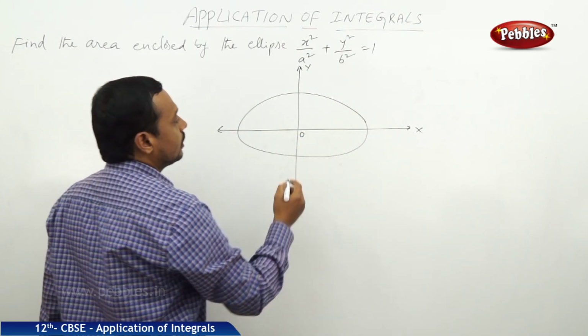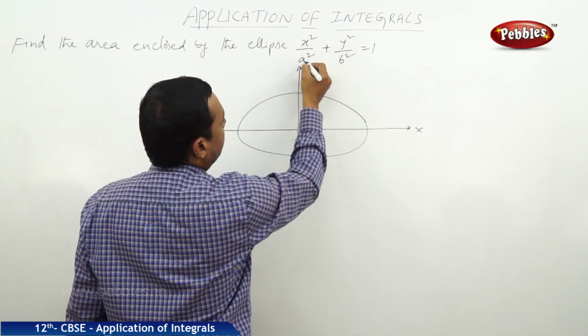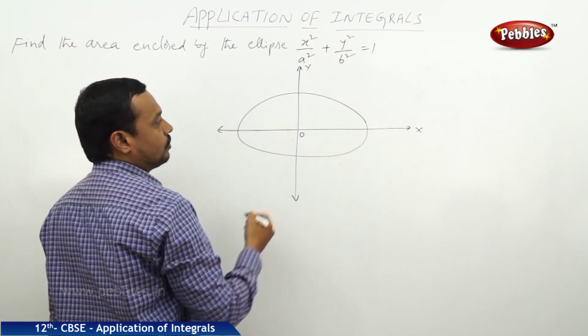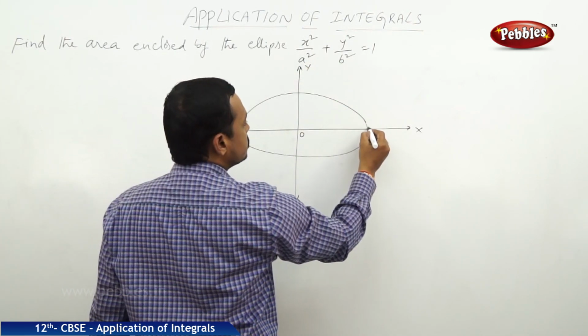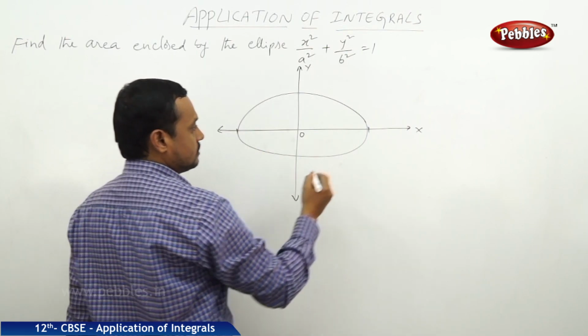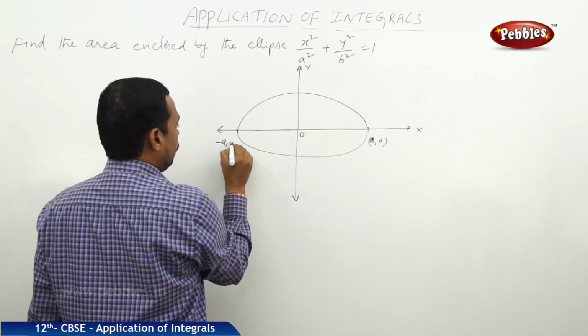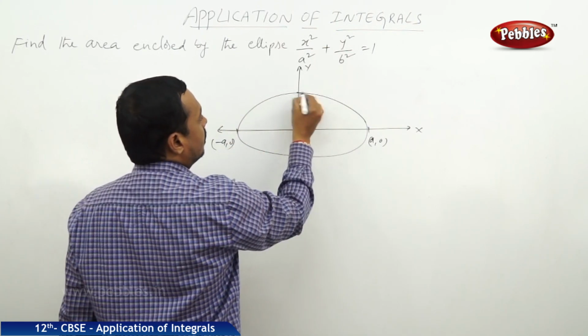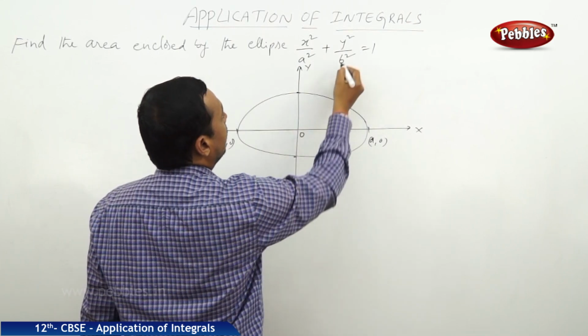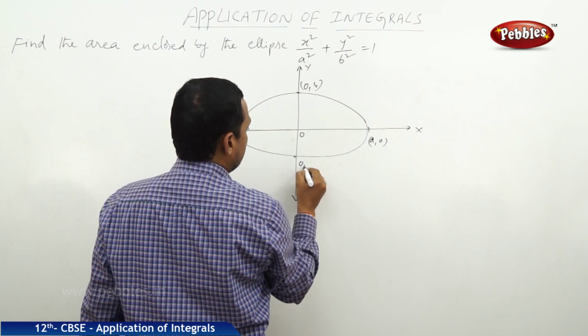And now here, a comma 0 and minus a comma 0 are the vertices of ellipse, and the other two are 0 comma b and 0 comma minus b.